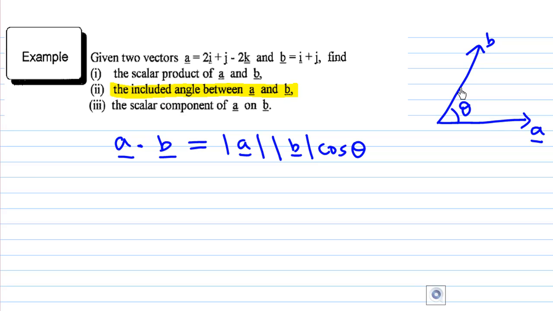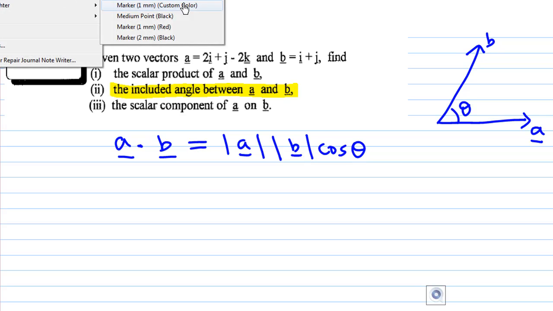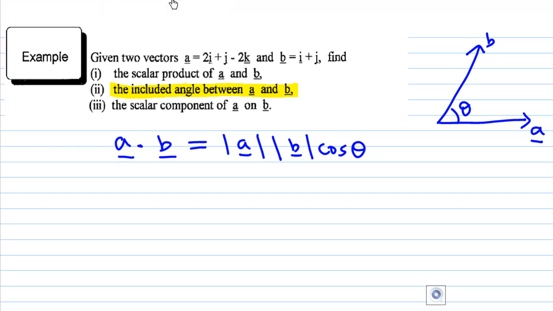Remember that in the earlier definition of scalar product, a dot b, or the scalar product between a and b, is equal to the magnitude of a times the magnitude of b times cosine theta. And in the earlier part, we found that the scalar product between a and b is equal to 3.